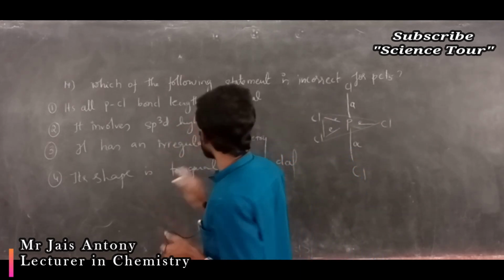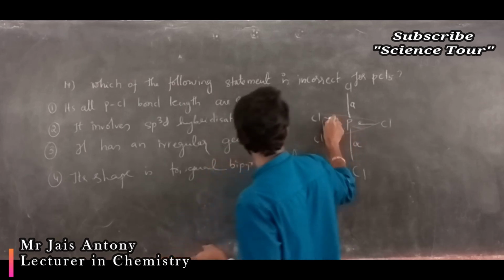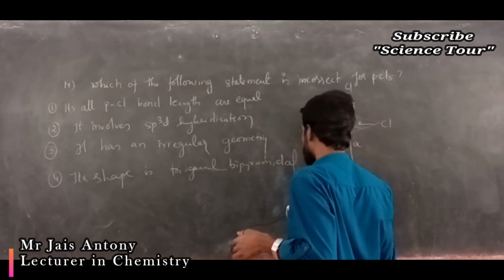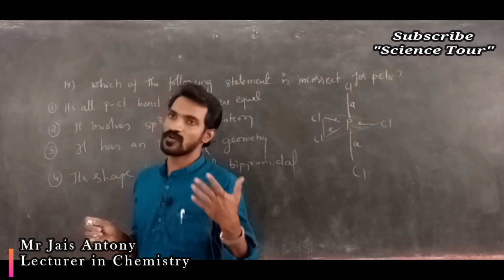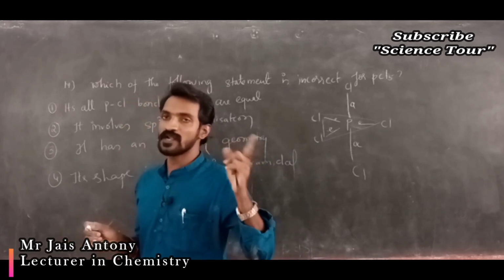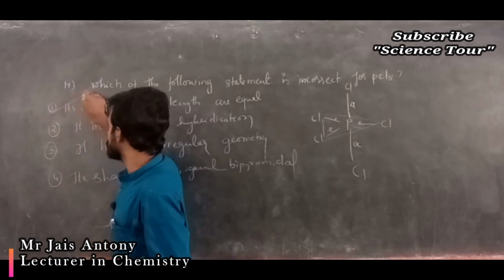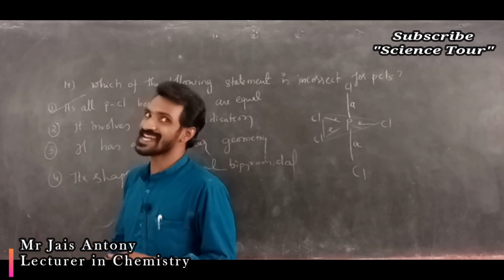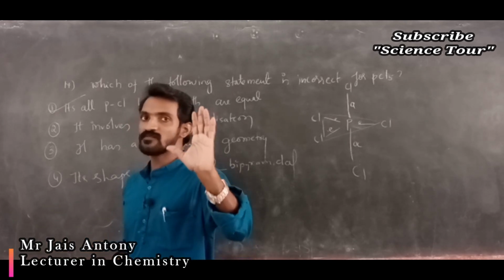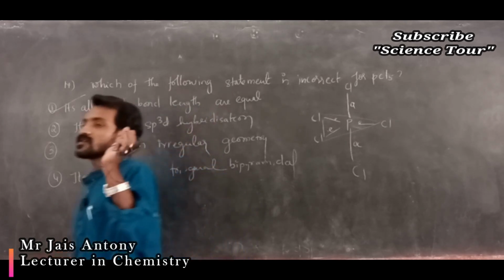So it is incorrect to say all P-Cl bond lengths are equal, because the axial bond is longer than the equatorial bond.